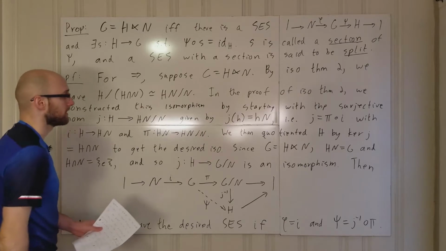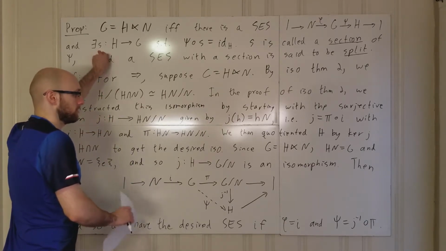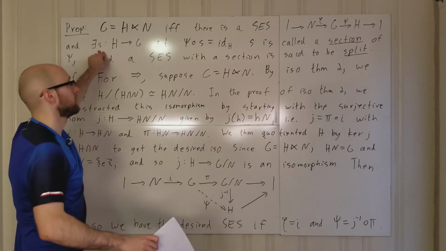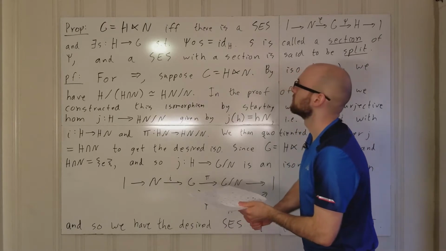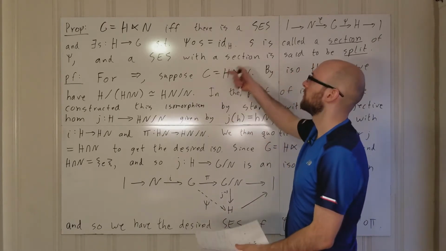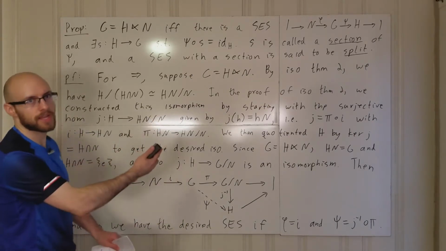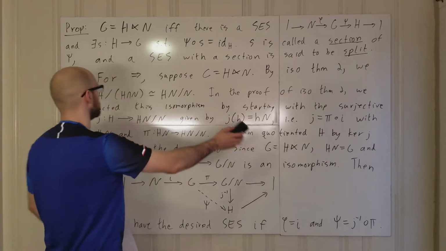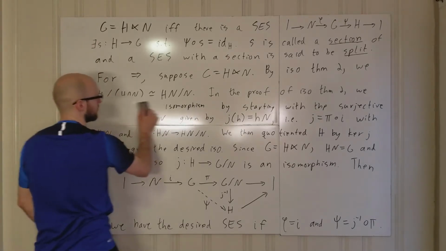So we have that, and now we need a map S such that composing psi with S gives us the identity. And I hate to erase the statement before we prove the statement, but I'm going to have to because I don't have enough room here for everything.